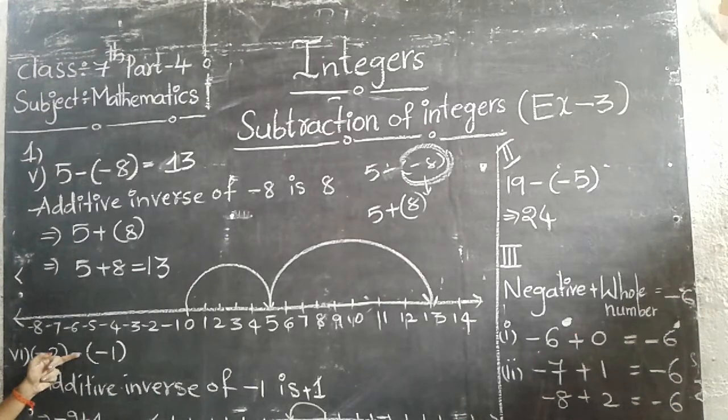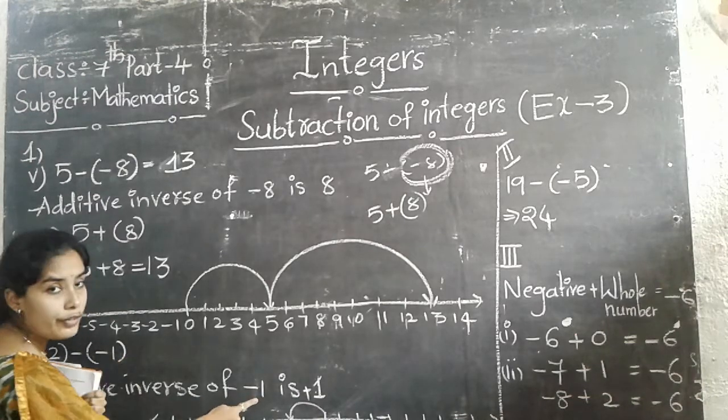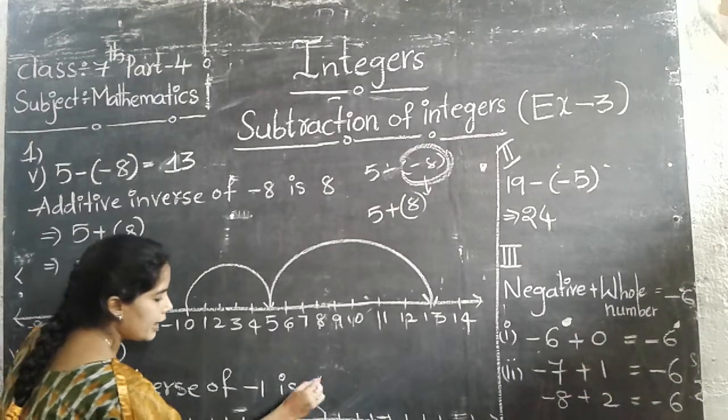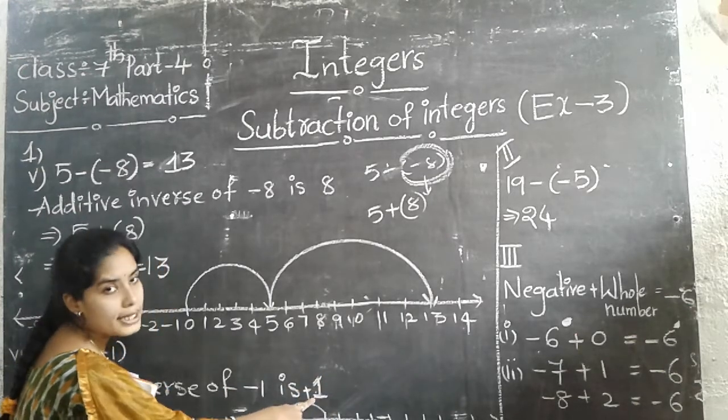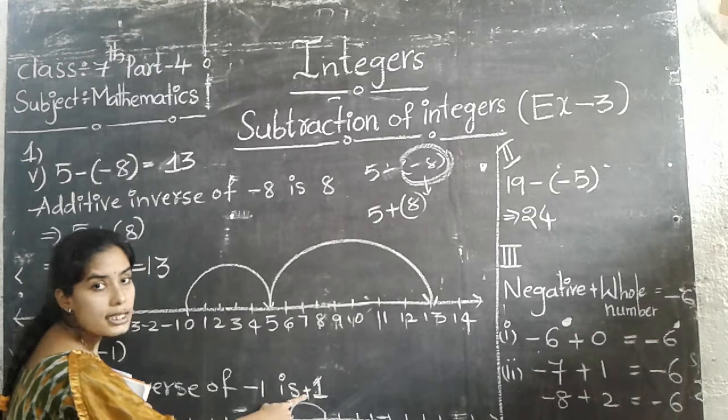Then in this bracket, the second digit, we have to find the additive inverse. What is the additive inverse of minus 1? It is plus 1, just change the sign.